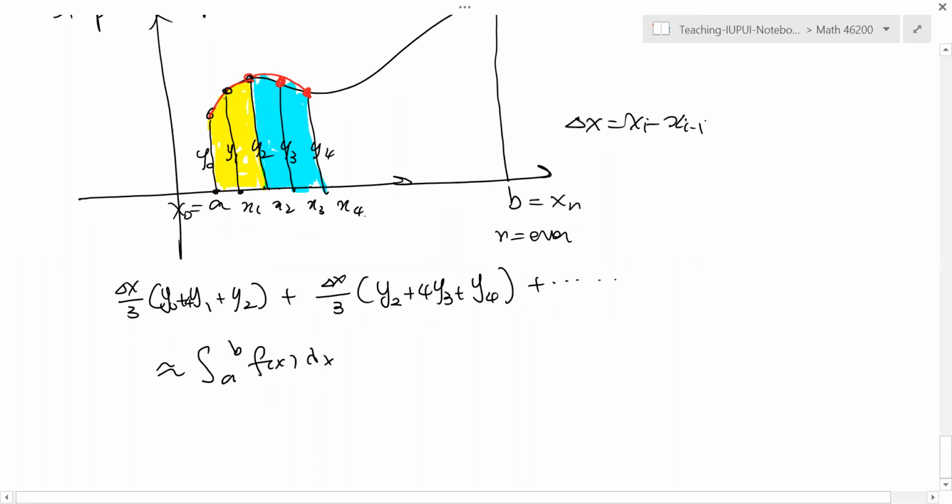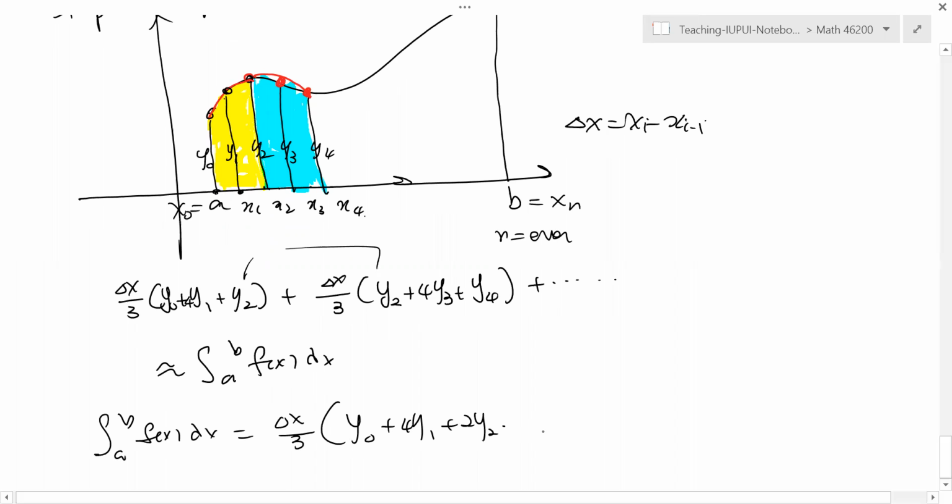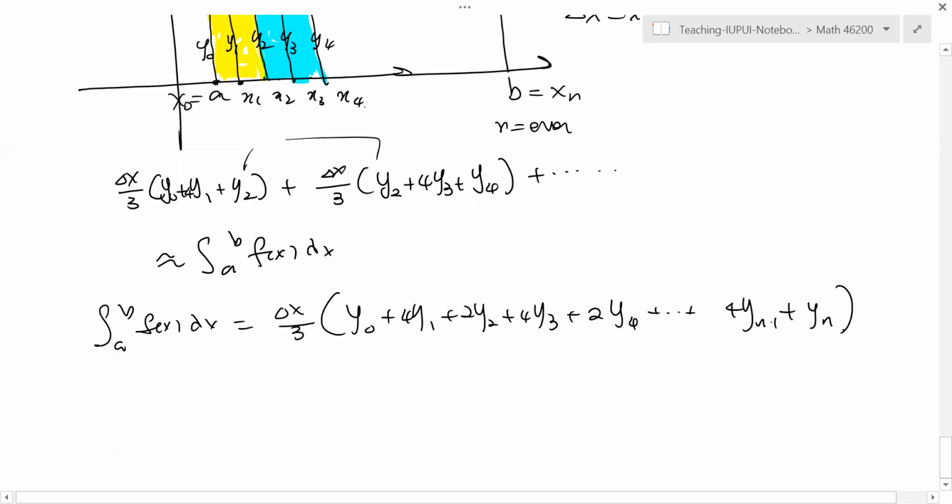If you put them together, you will see it begins with y0, then 4y1, then you have double y2, then 4y3, and double y4, and keep it going. The last terms are 4y(n minus 1) and yn.